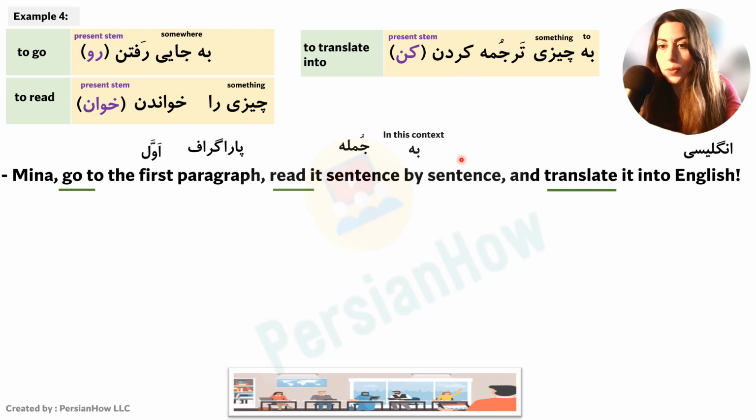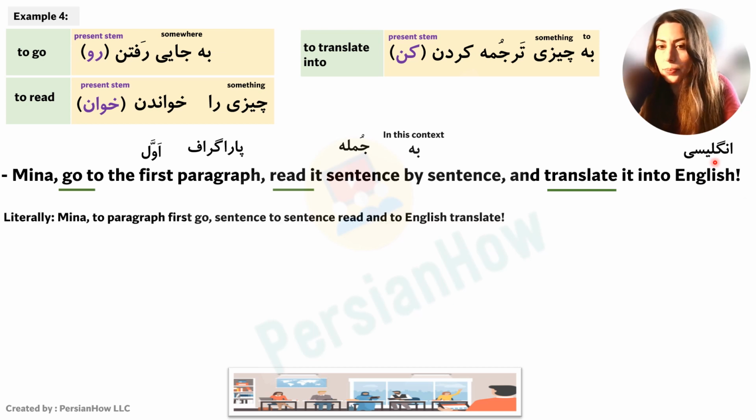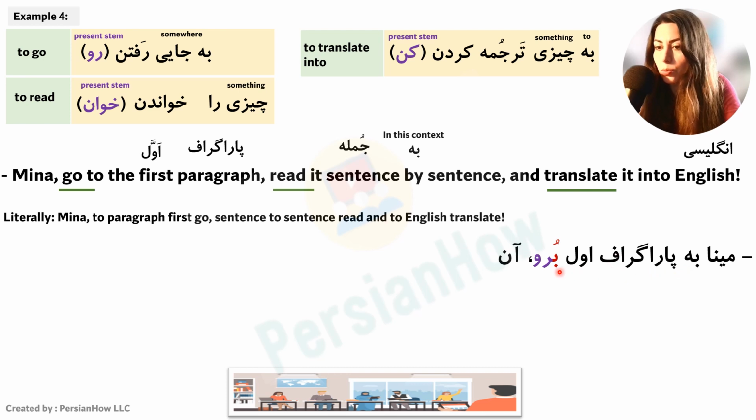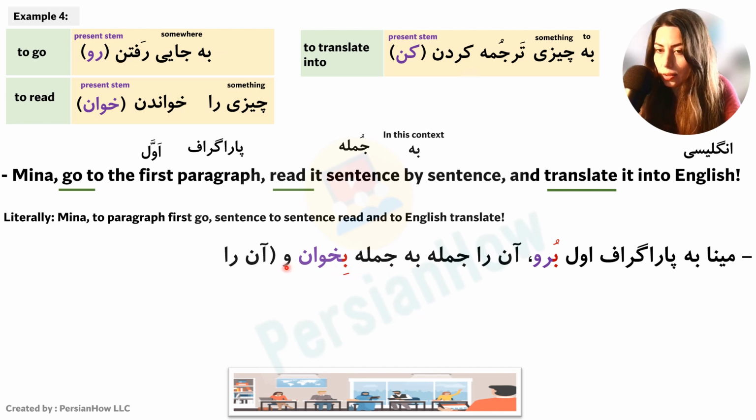So here we can use be. And then English is انگلیسی. So literally, we need to say something like, Mina, to paragraph first go, sentence to sentence read, and to English translate. مینا به پاراگراف اول برو، آن را جمله به جمله بخوان و به انگلیسی ترجمه کن.